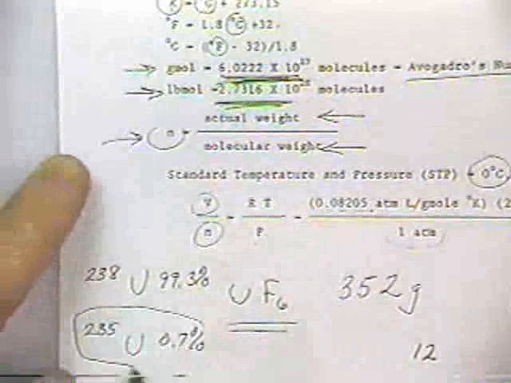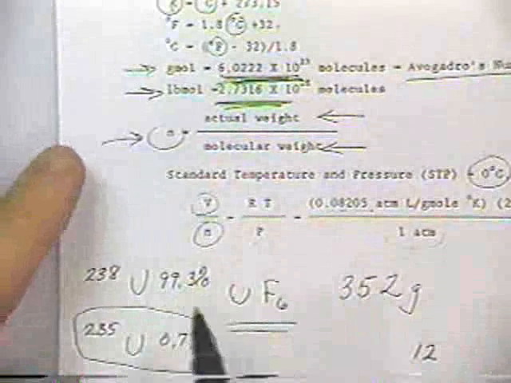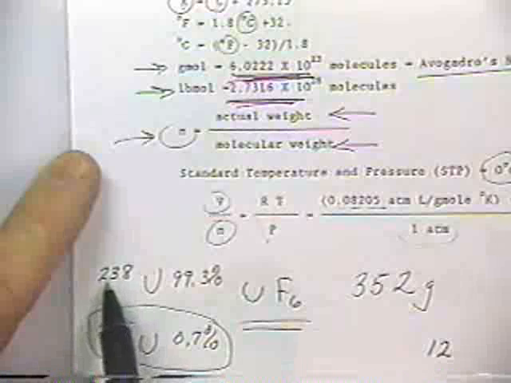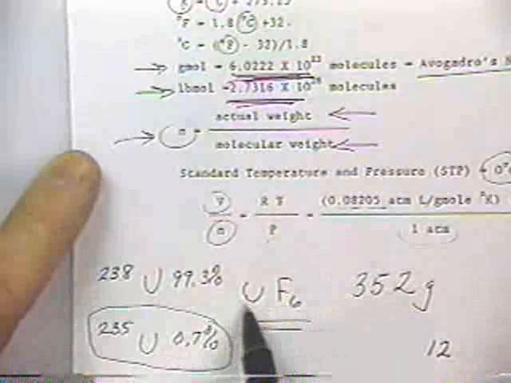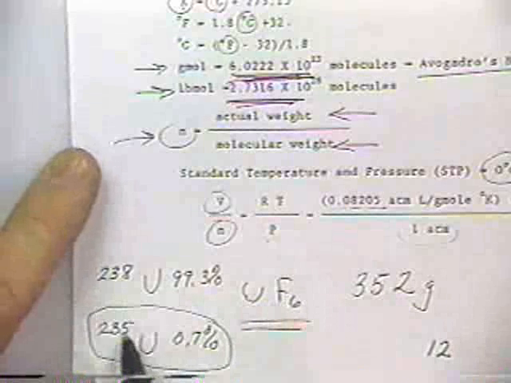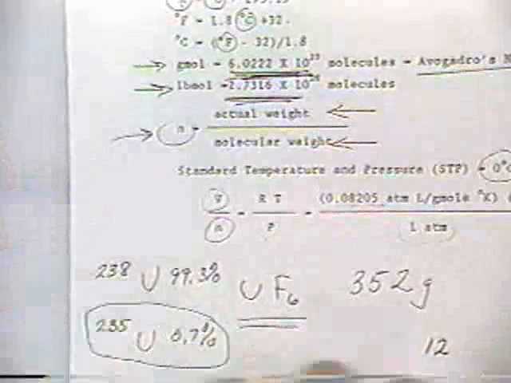It turns out this is the useful one. This is, for most purposes, considered trash. And so what you have to do is separate the useful 235 from the non-useful 238. So by reacting uranium with fluorine, you can make a gas, and once it's a gas, you can separate the heavier one from the lighter one in centrifuges or membranes and other such technologies.